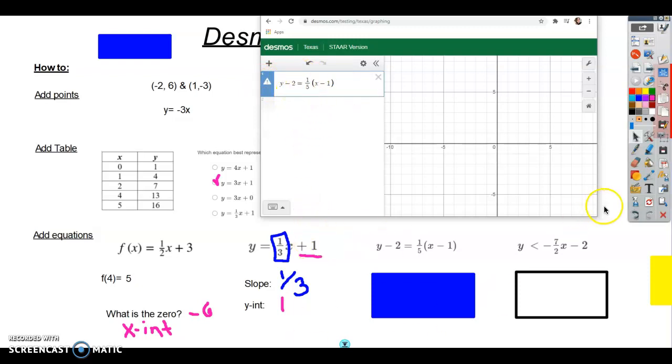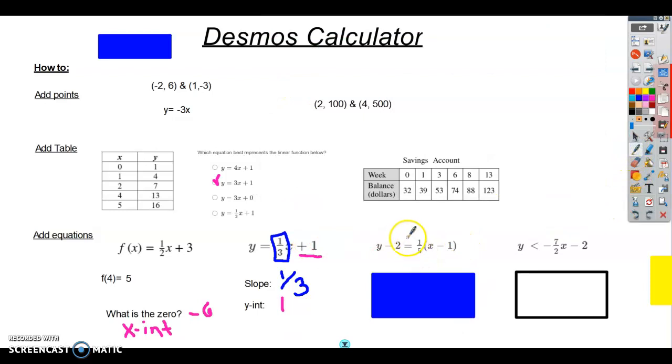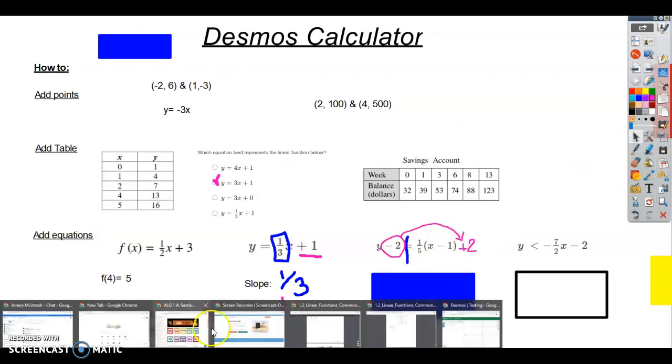Because I need to move this to the other side, and I need to change the sign. So instead of minus, it becomes a plus, okay? So make sure that you do that. So if it's not graphing it, make sure that everything's on that side.